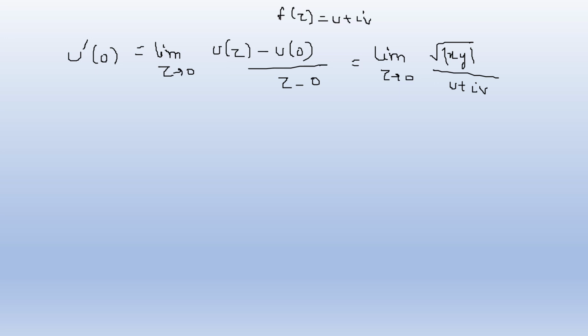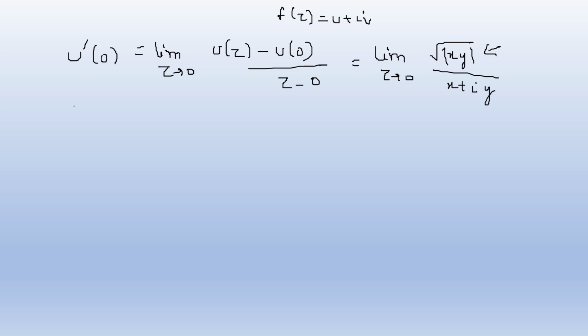Now if you are considering xy in the numerator, you have to make it in x and y form only. So I am putting x plus iota y instead of z. Is it fine? Now what will it give you?